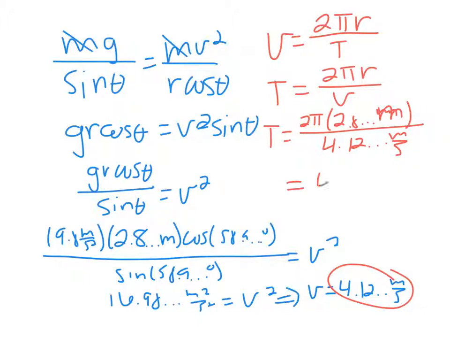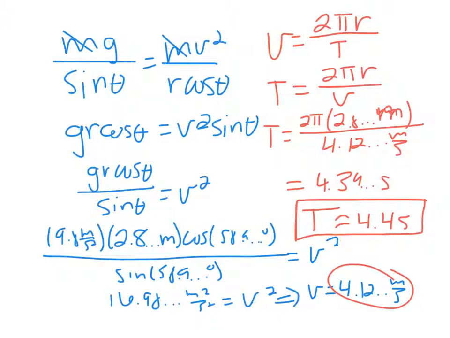We get 4.39 keeps on going, seconds. So the period with 2 sig figs is approximately equal to 4.4 seconds. So 4.4 seconds for a wrecking ball with a 5.8 meter long chain is pretty reasonable. It's going to take a while for a 25 kilogram wrecking ball to make that large of a circle. So our answer makes sense.